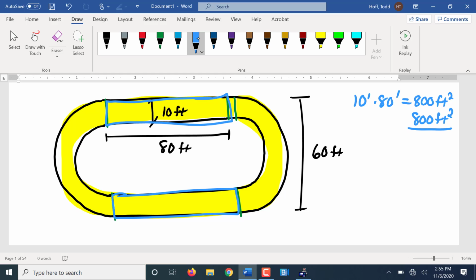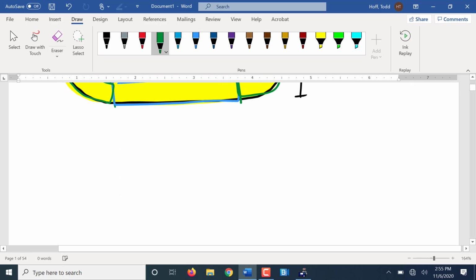So a total of 1,600 so far, yep. Now for those end pieces. You know, we've talked about it's very useful to be able to cut things apart, but then to be able to put them back together to simplify how it is to find their areas. If I take these pieces here that we cut off at the ends and just put them back, what's that?